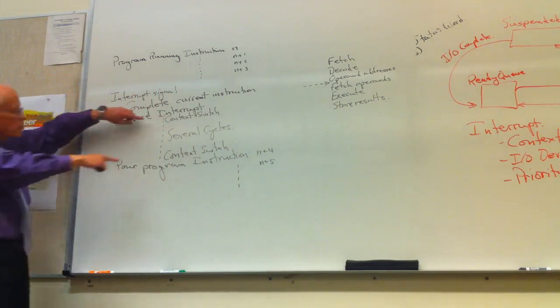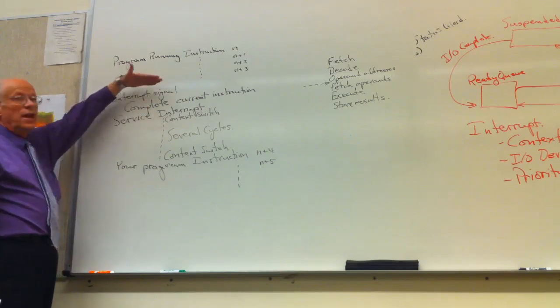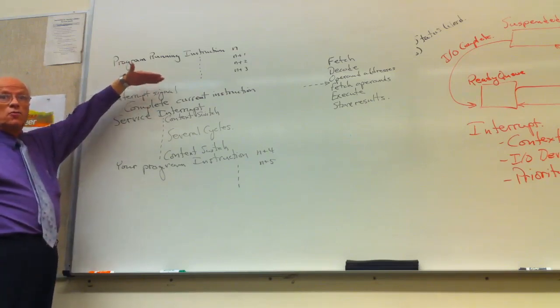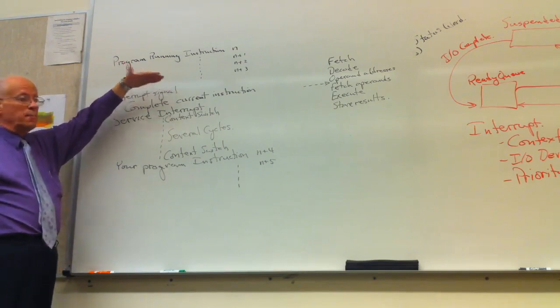And it's the context switch that allows it to actually do that. It saves the program counter so that it knows right where it was in your program. It saves the registers so that the registers are all the same.